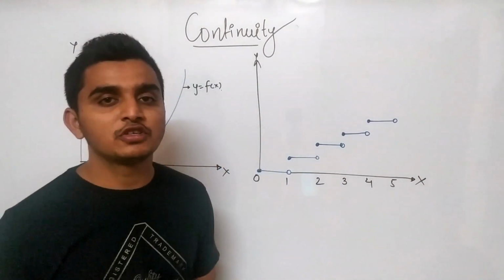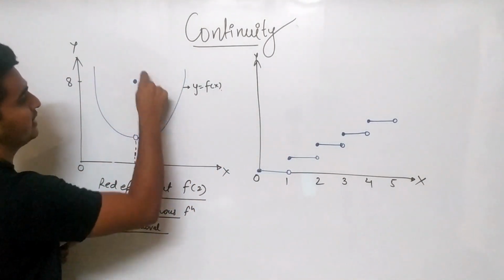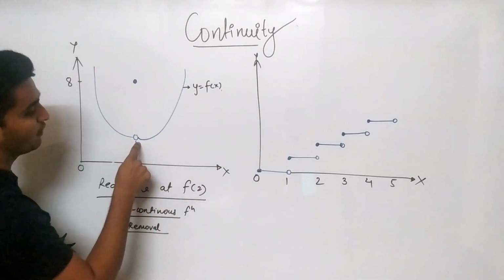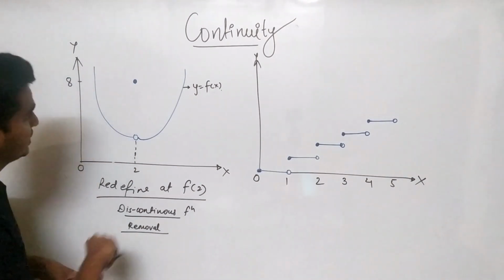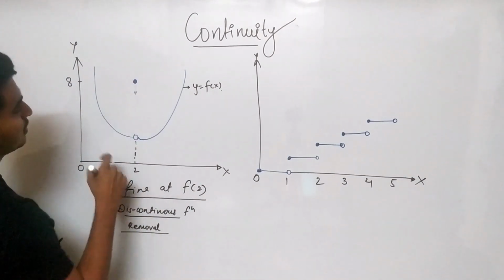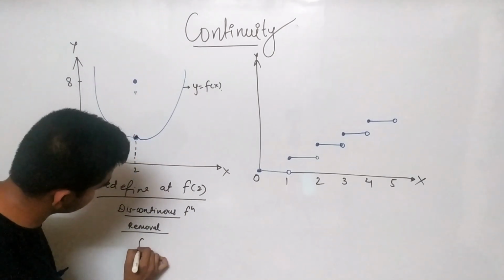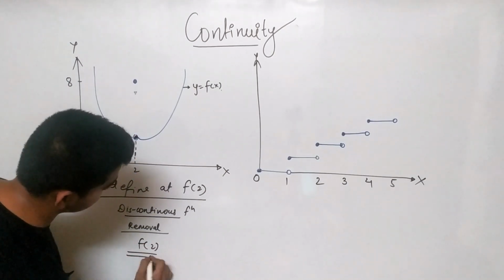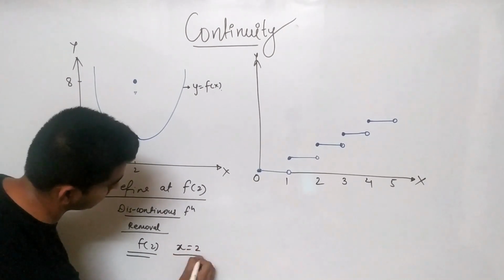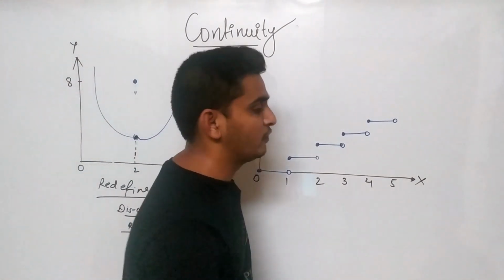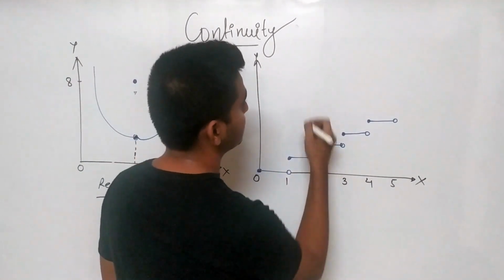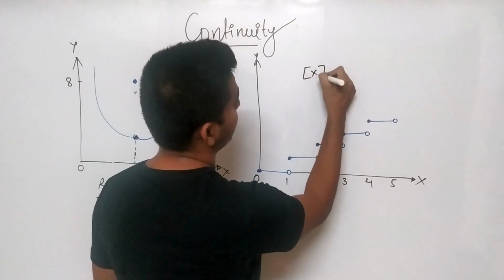But why is it called that? Because we can redefine this value as f(2), that is, we can just shift this point downward and say that this point is f(2) for that particular x = 2. But in this other case, this function is nothing but the greatest integer of x.